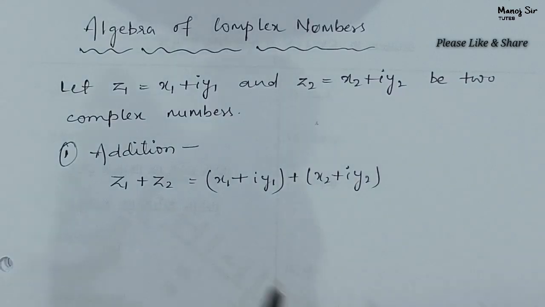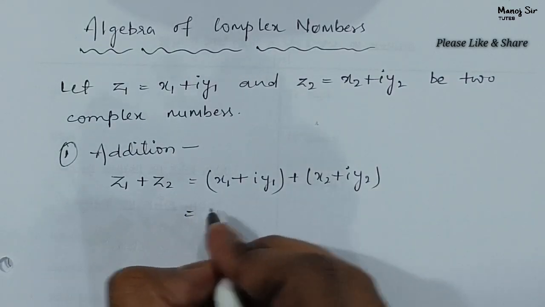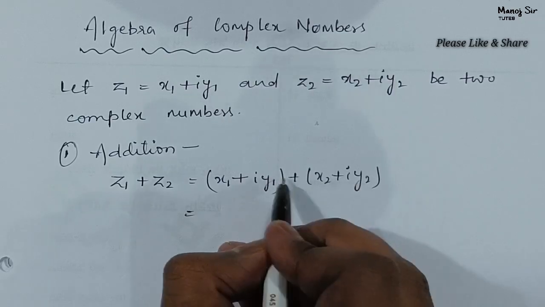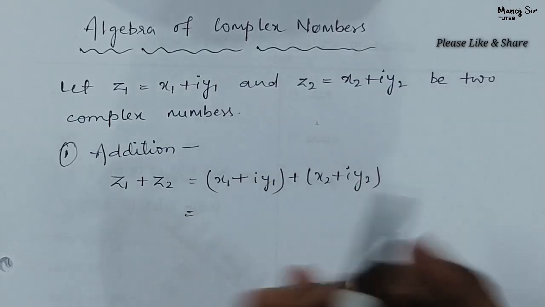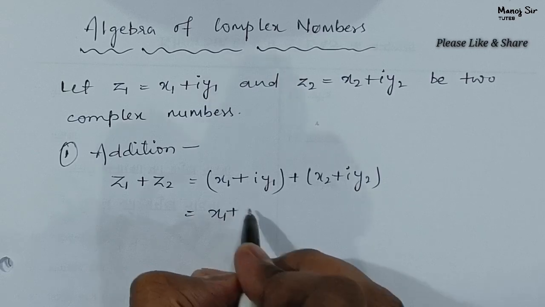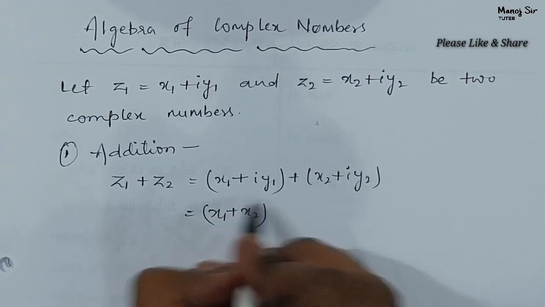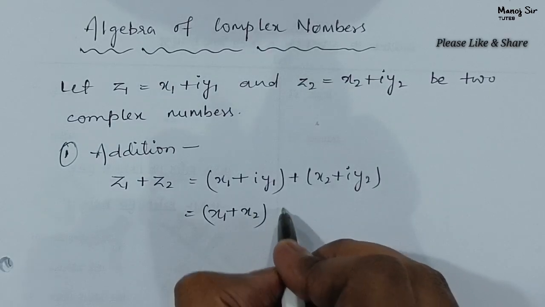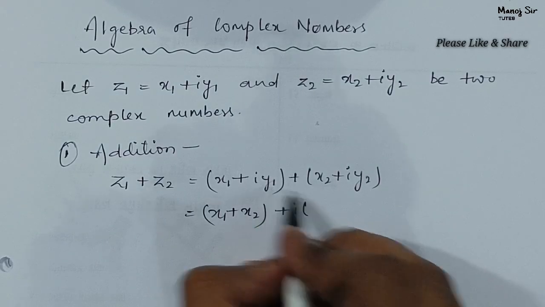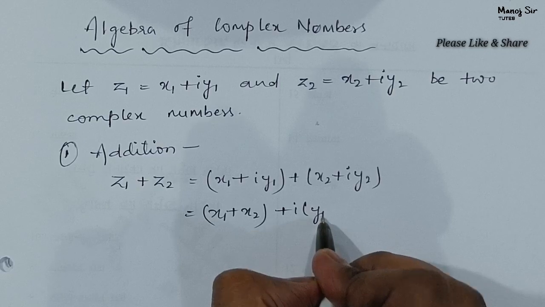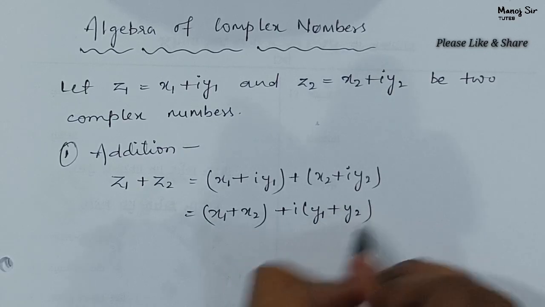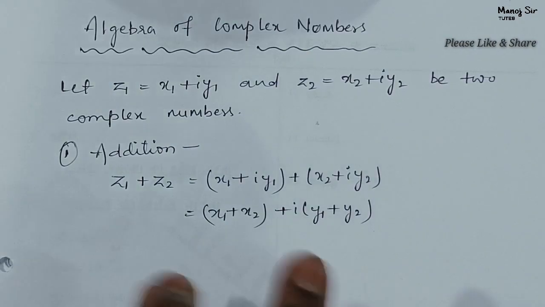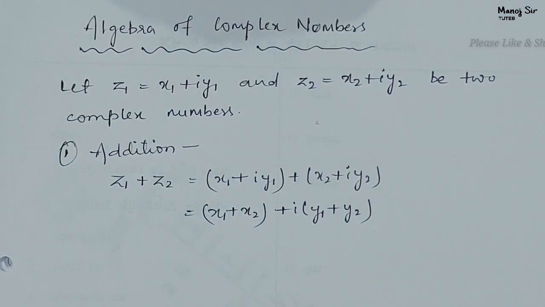Now what we can do is, in the next step, simply add both the real part and the imaginary part separately. That is x1 plus x2. This is the real part of this addition of complex numbers, plus i times, what is this, that is y1 plus y2. So here we have y1 plus y2. Okay, by this way we can add two complex numbers.